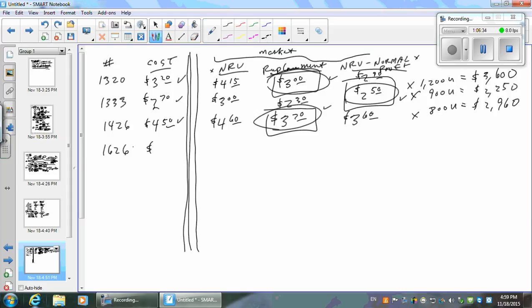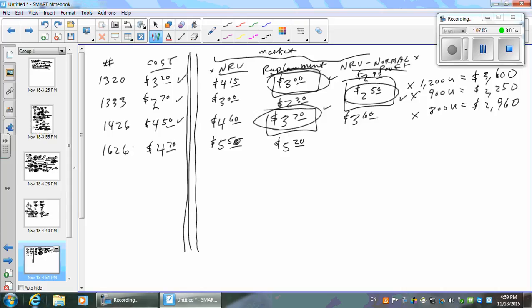Okay. 1626, what do we have for cost? $4.70? That looks like it might work. $4.70 on the very last one, 1626. Okay. Cost to replace is $5.20. Okay. Sales price is $6 less the cost of disposal of 50 cents is $5.50. Is that right? Net realizable value? Yeah, this is going to work.